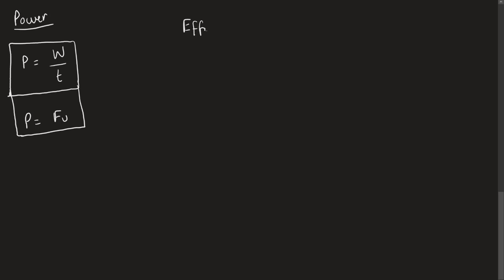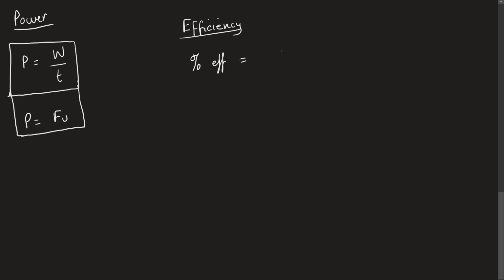So the other thing we can say is efficiency. Okay, and I'm going to call it percentage efficiency. This is not the way it's written in your formula sheet, but I feel like percentages are just easier to understand physically.